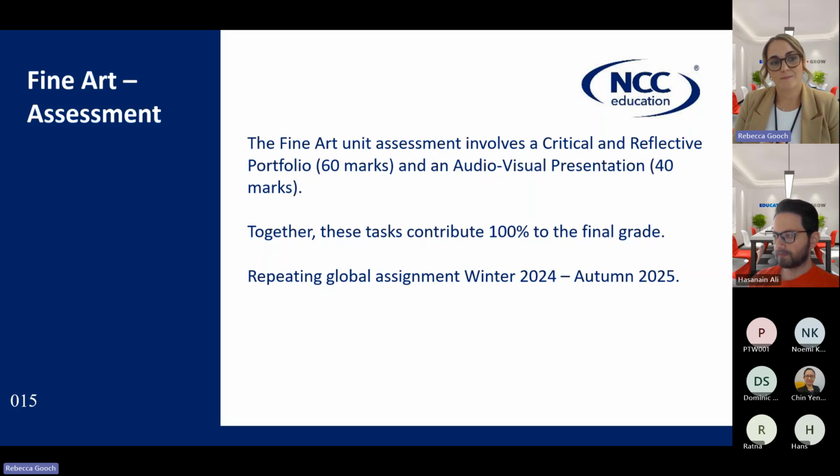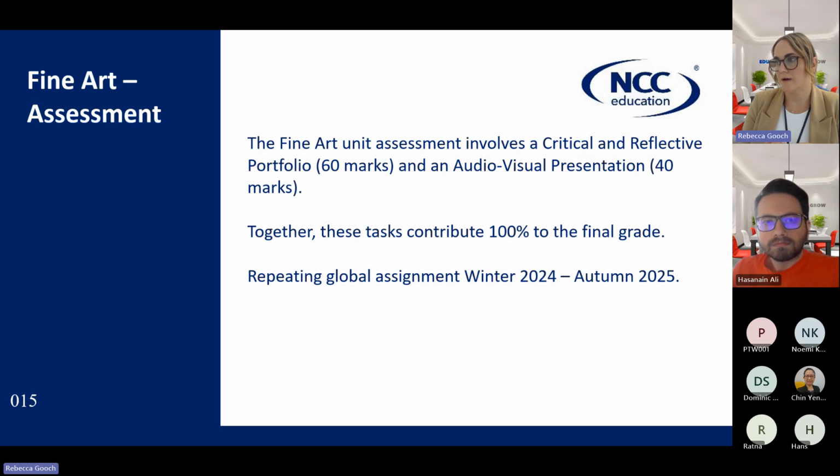The Fine Art Unit Assessment is a global assignment, again, available already on our course website, and it involves 2 tasks within that assignment. The first involves a critical and reflective portfolio, which is 60 marks, and the second task is an audio-visual presentation of 40 marks.